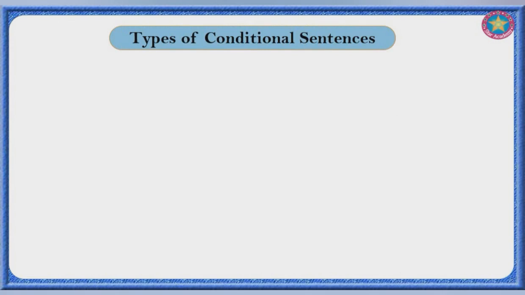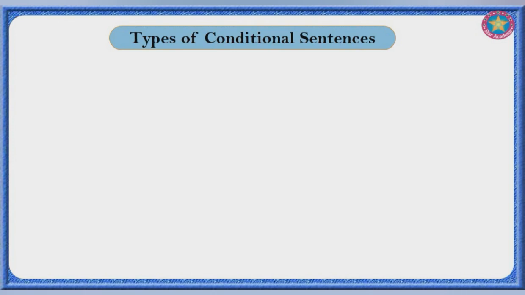There are four different types of conditional sentences in English. Each expresses a different degree of probability or possibility that a situation will occur or would have occurred under certain circumstances. It is important to use the correct structure for each of these different conditional sentences because they express varying meanings.